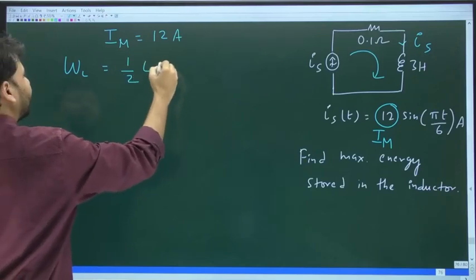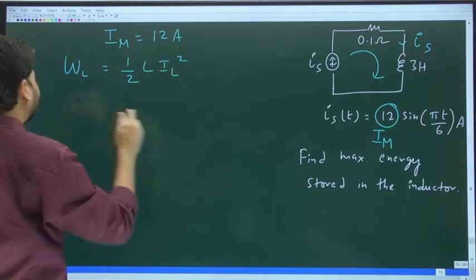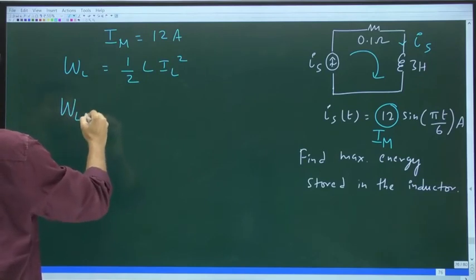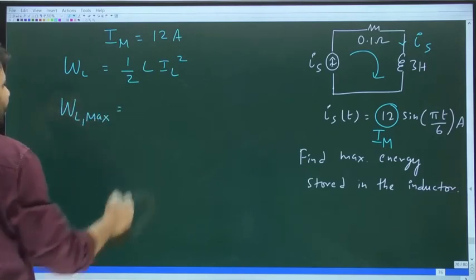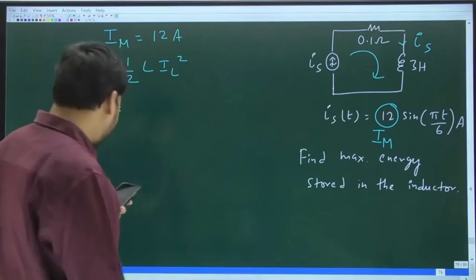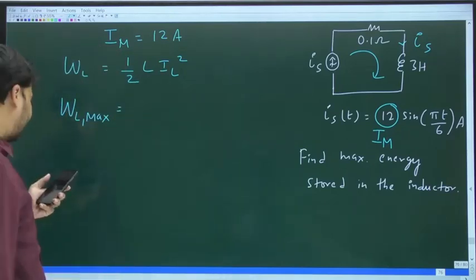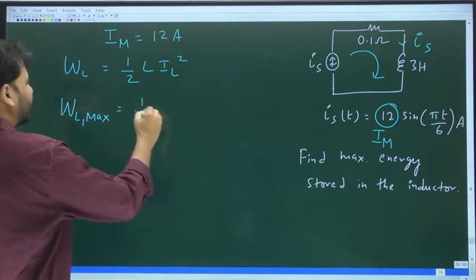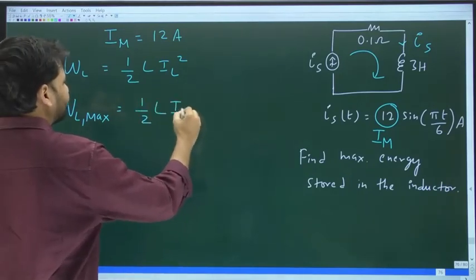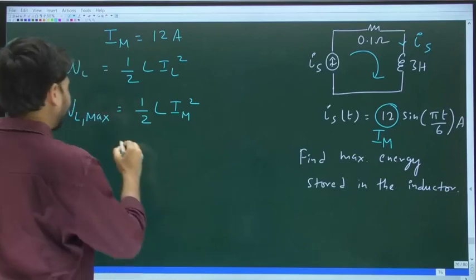And you know, WL is what? Half L IL square, and WL max, because we have been asked to find the maximum energy stored in the inductor. WL will become maximum when the current through the inductor also becomes maximum. So half L IM squared.